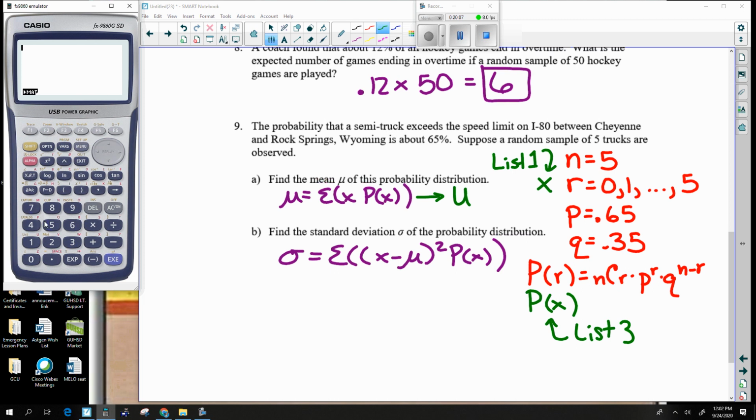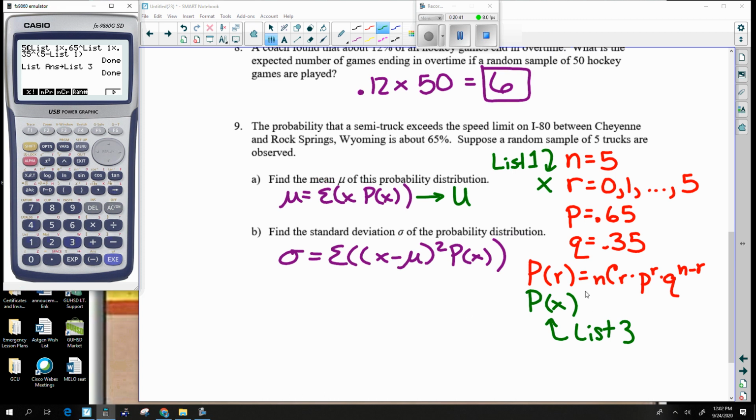So that's n C r times p to the r times q to the n minus r. Okay, those are my individual probabilities. As I said, I am going to take that list answer and store it as list 3.